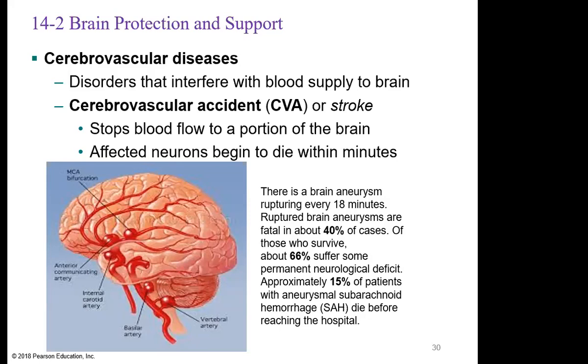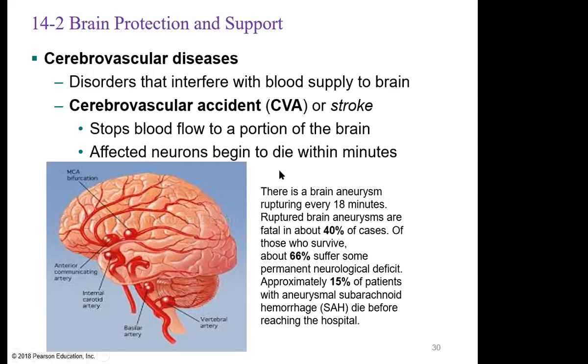And T is for time. Hurry up and call 911 as fast as you can. Okay? So facial drooping, arm weakness, speech, and time. You are on the clock because these neurons are already dying if you're already seeing these things.